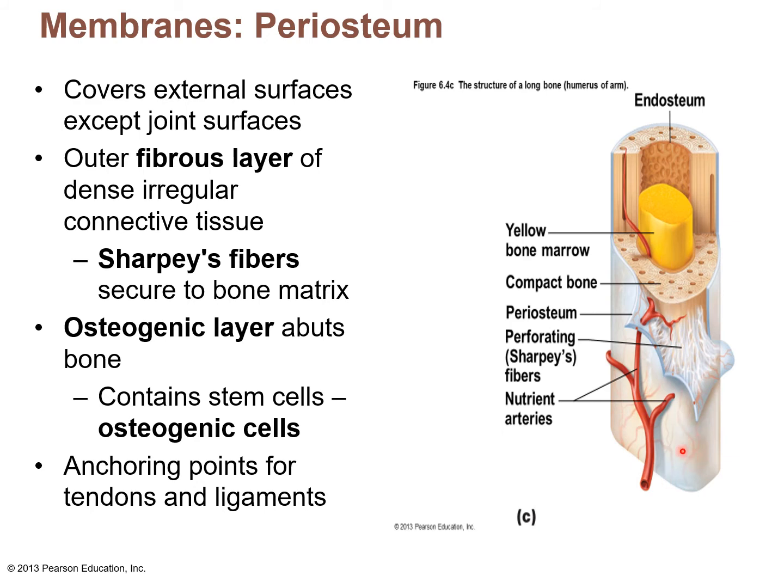I think the periosteum is also important because it acts as an anchoring point for tendons and ligaments. What's the difference between a tendon and a ligament? A tendon is what holds bones to muscles. Ligaments are what hold bones to bones.